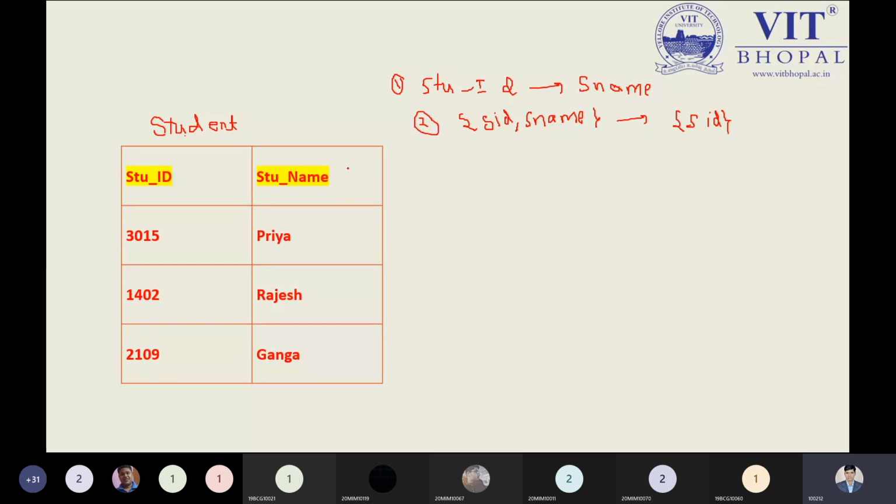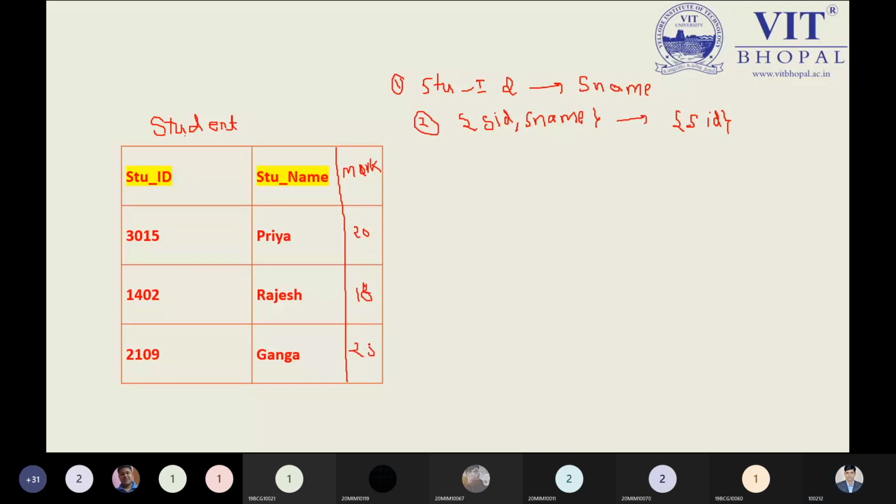If I'm adding one more column over here for understanding purpose, one more column or attribute, marks, I'm giving there some marks like 20, 18, and suppose 25, something like this.